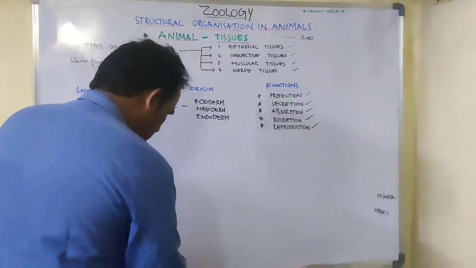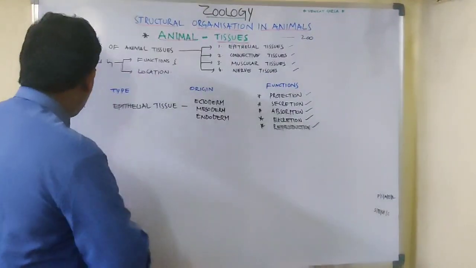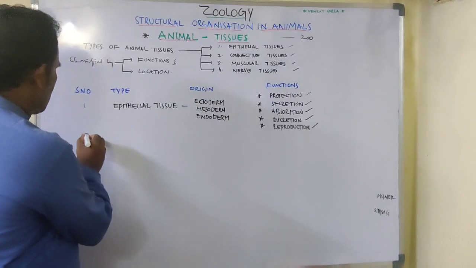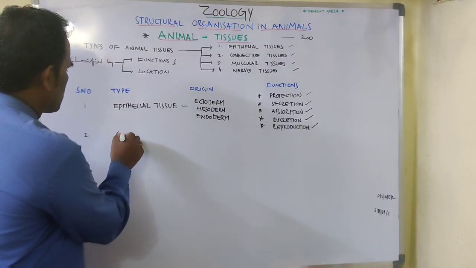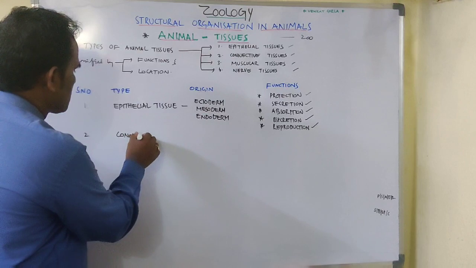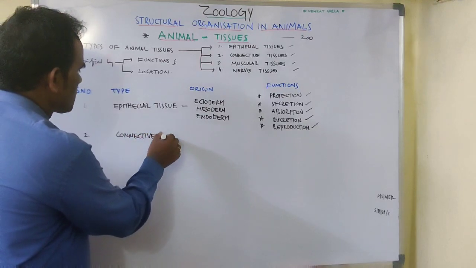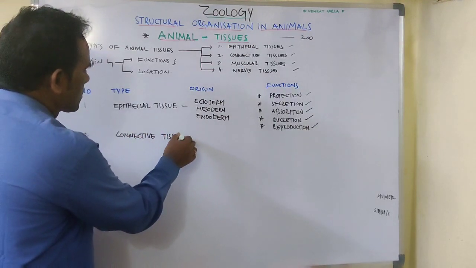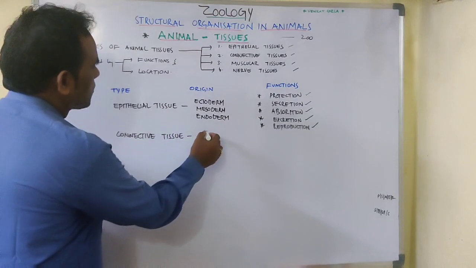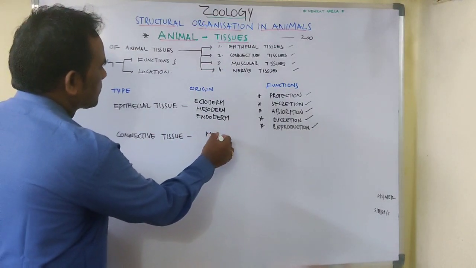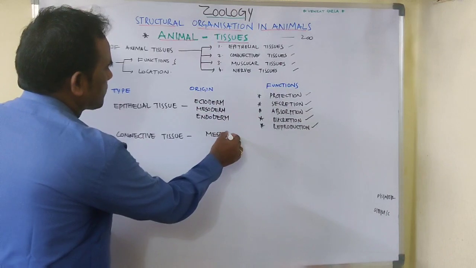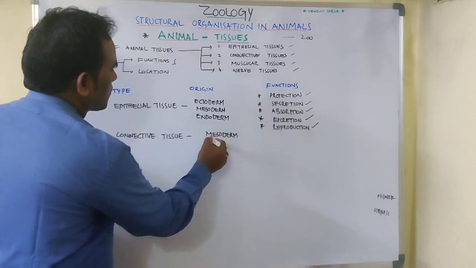Now let's go on to the next tissue, connective tissue. It originates from the mesoderm.